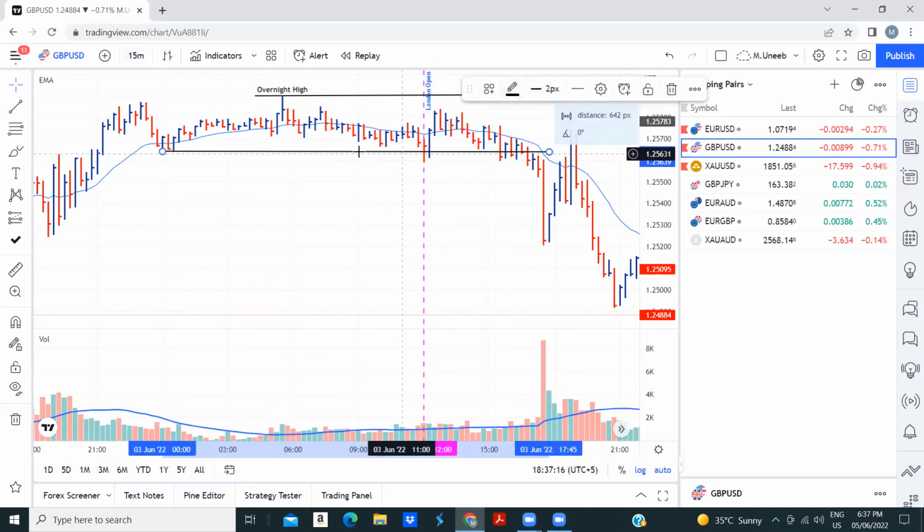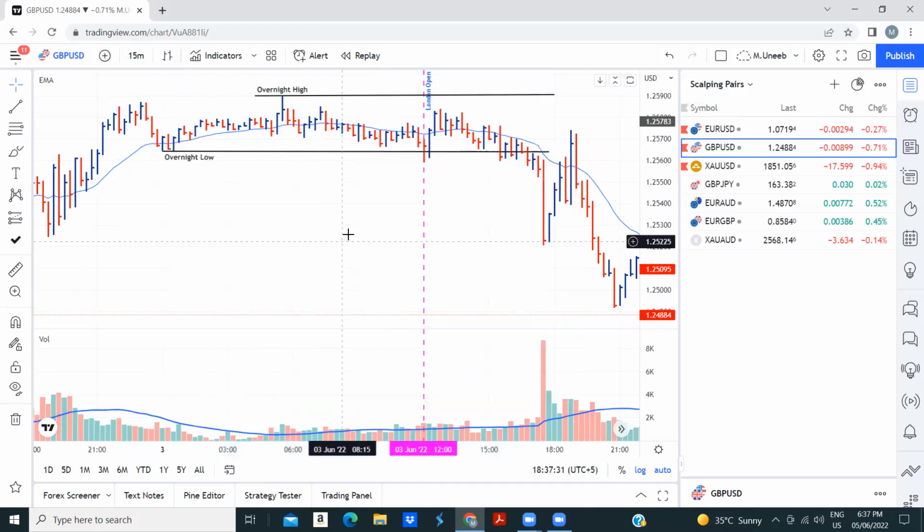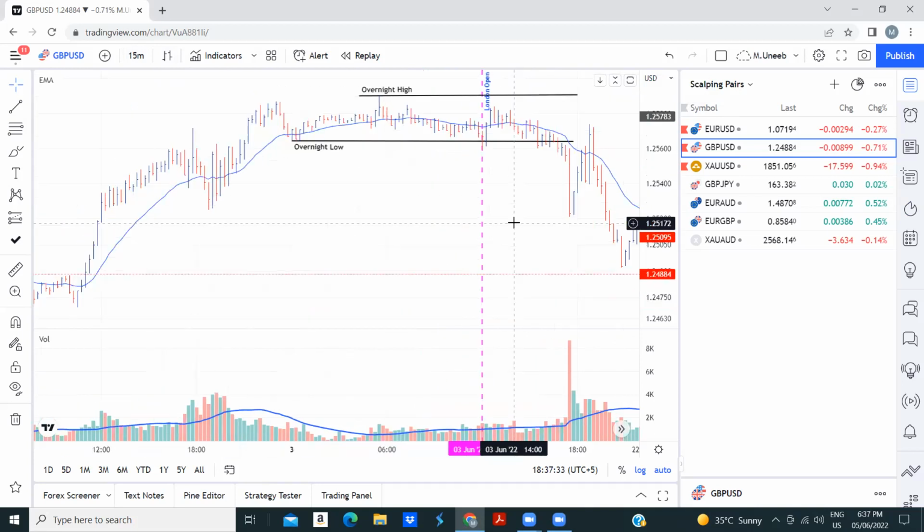We call this the overnight low. I think this was the one in which you could not understand what to do. You were unable to identify the bias, right?